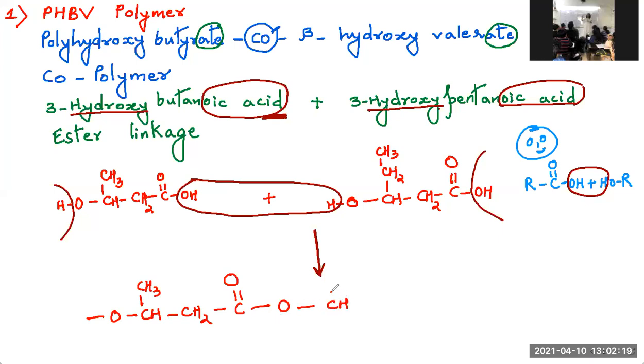Then CH, CH2, CH3, CH2, CH2, C. That's too much, you say? Arre, there are only 5. Okay. CO and n. So this is polyhydroxybutyrate co-beta hydroxyvalerate. Is it clear?